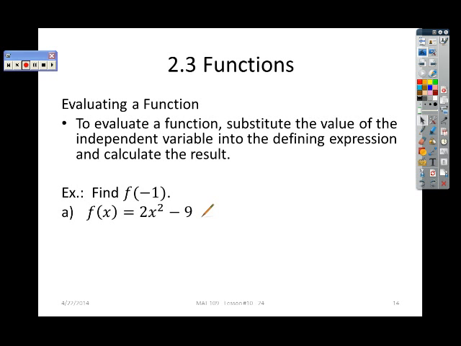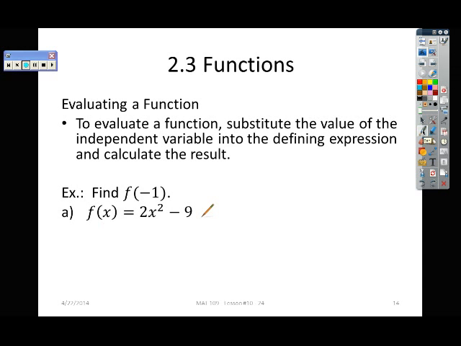I want to evaluate this at the value x equals minus 1. The way you do that is by putting on the right-hand side the minus 1. Actually, we're going to write minus 1 in here also to show that that's actually what we're doing. So we're going to say f of minus 1 equals, then every place I have the variable, I'm going to put the value of minus 1.